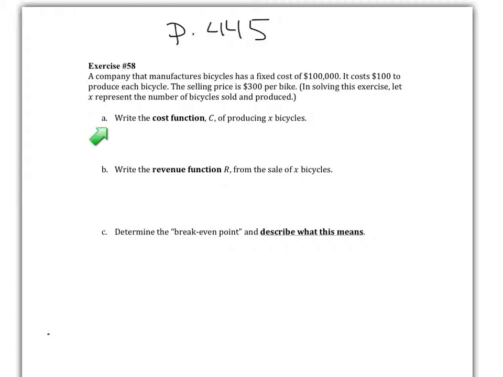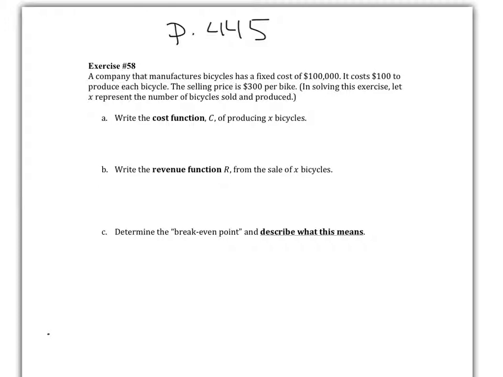So part A, we want to write the cost function of producing X bicycles. So very similar to example 9 on page 442. The yellow box says revenue and cost functions, so you have a definition for a cost function.